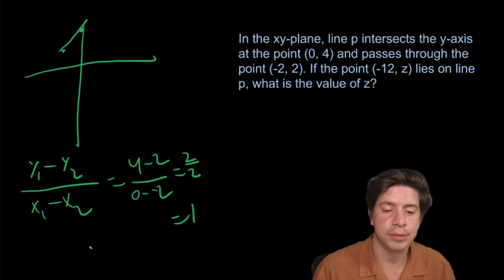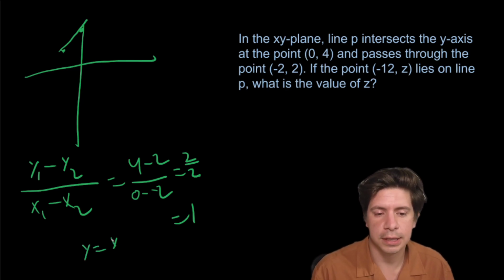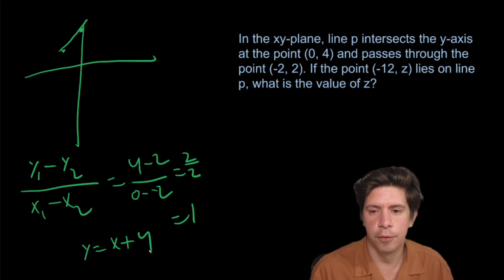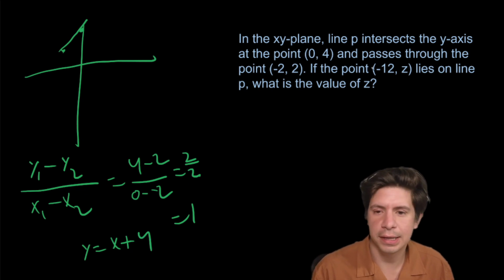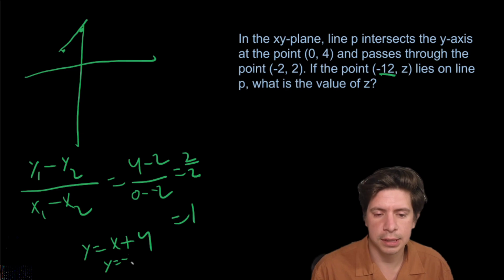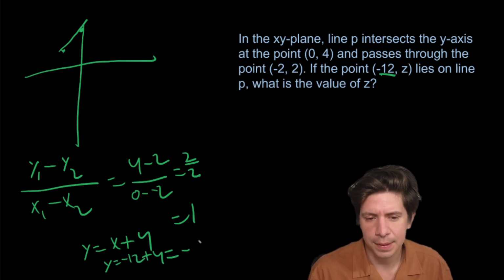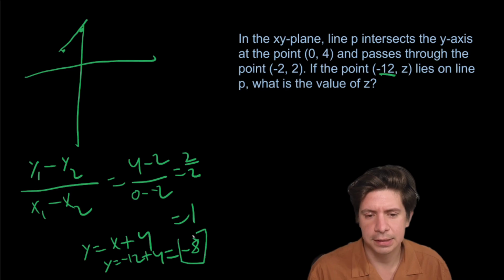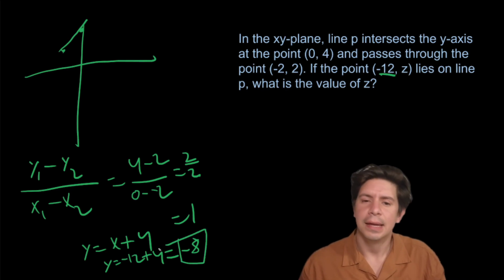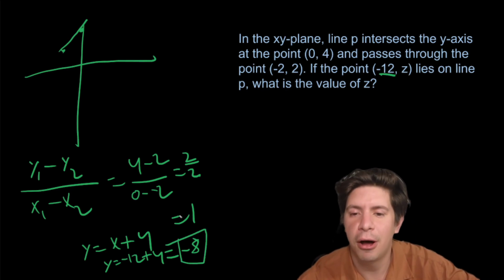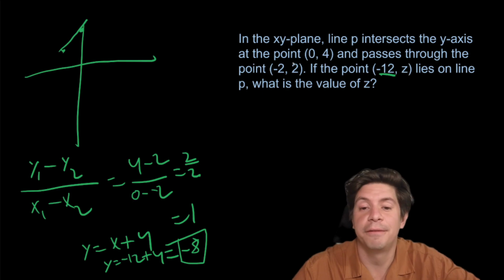So our equation can be y equals x plus 4. So when we plug in the negative 12, we're going to get y equals negative 12 plus 4 equals negative 8. Exactly.